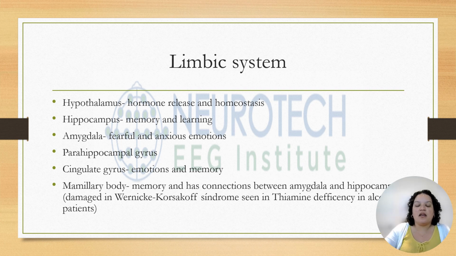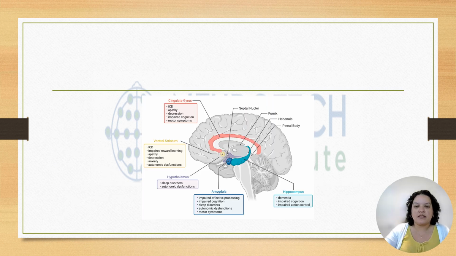It's connected to amygdala and hippocampus and hypothalamus. And then this picture gives us some of the functions of the cingulate gyrus, the hypothalamus, the amygdala, and hippocampus for you to review.